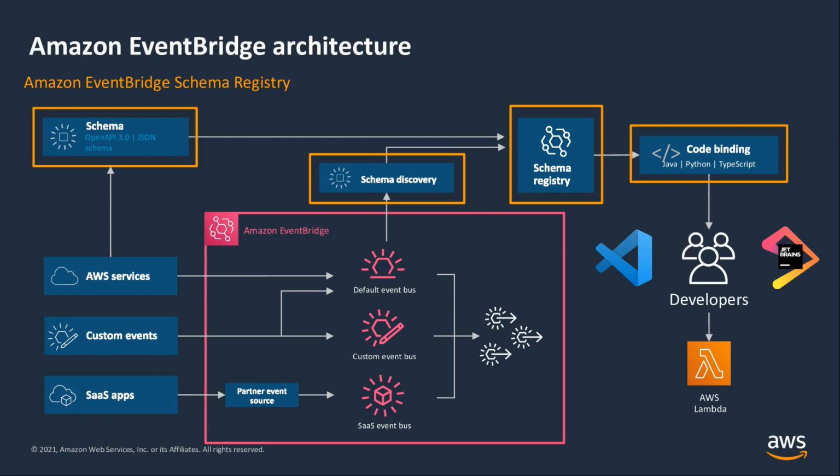So that's where something called Schema Registry comes in, and you'll see that in the top center of the diagram. Schema Registry allows developers to define the event structure or schema using a standard specification like OpenAPI, and now also with JSON Schema. So this removes the need for developers to have to look through documentation, and it allows them to consume and validate events programmatically.